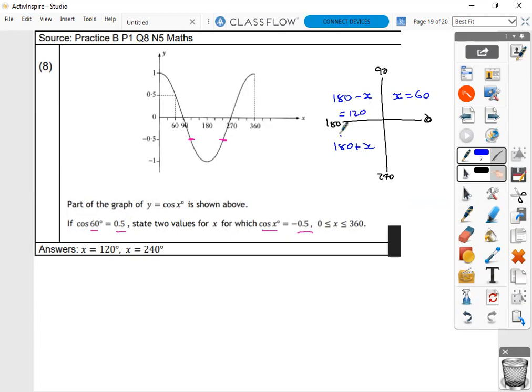In the third quadrant, 180 plus, so it'll be 240. So state the values of x for which cos x equals negative 0.5. You're working with a negative, so your x values will be in the second and third quadrants.